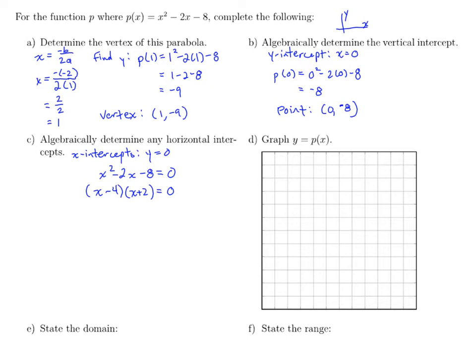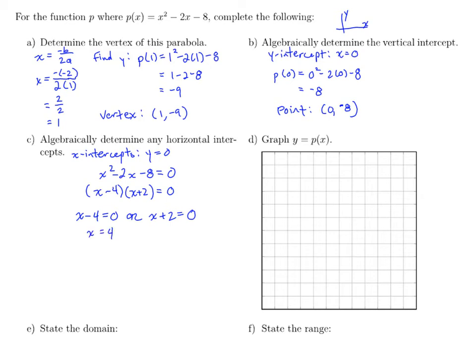Now that we've factored this expression, we can use the zero product principle to solve the equation. So from x minus 4 times x plus 2 equal to 0, we can now write x minus 4 equals 0, or x plus 2 equals 0. Solving that first equation, x minus 4 equals 0, we can add 4 to each side and find that x equals 4.